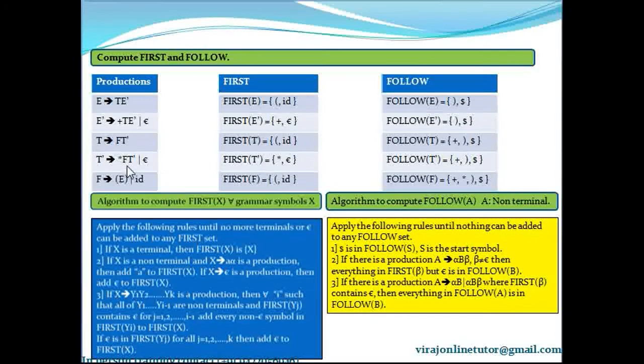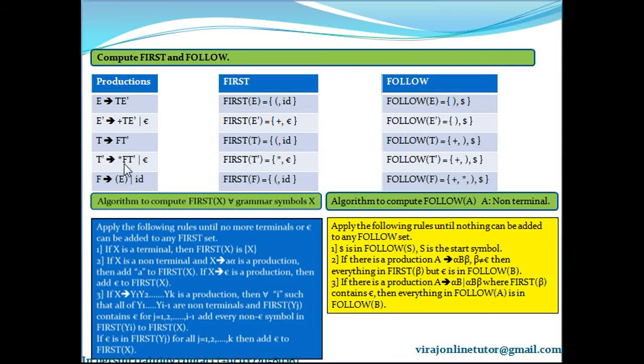First of t dash, one of the options says y1, y2, y3. So what is first of y1? Here y1 is asterisk. So first of asterisk is asterisk. Since first of y1 does not contain epsilon in it, first of asterisk is asterisk only, right? Since first of asterisk is asterisk and it does not contain epsilon in it, I stop.